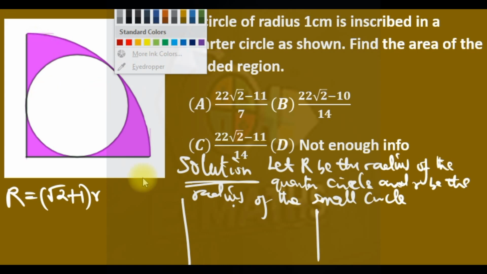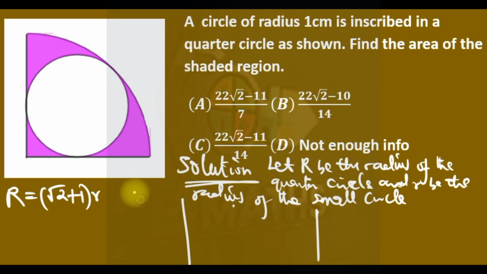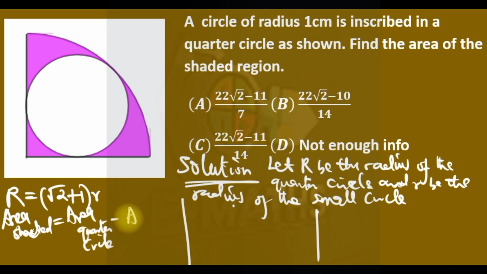That's the quarter circle, or the big one, and that of this. So from here, to find the area shaded now, the area of the quarter circle minus the area of the small circle.